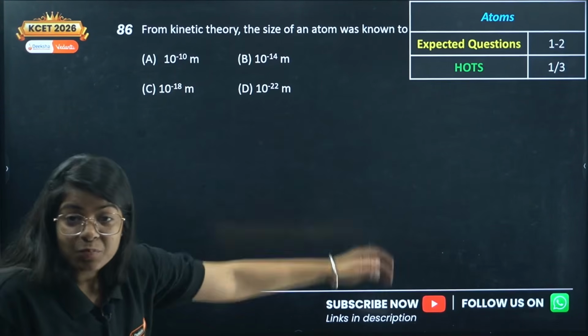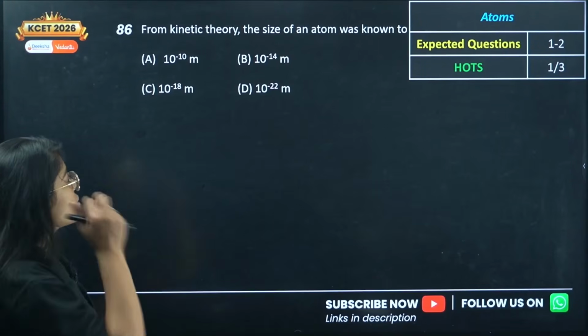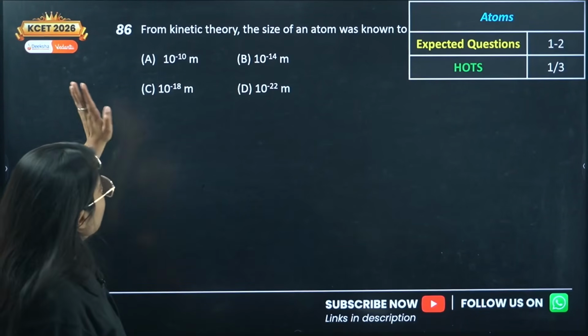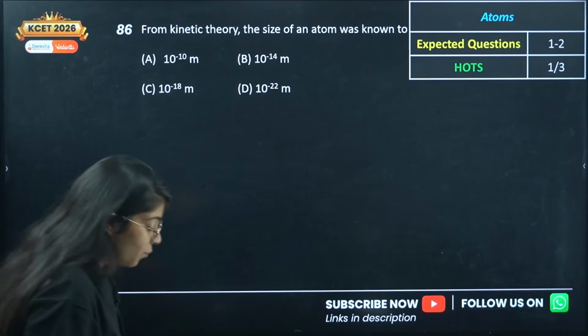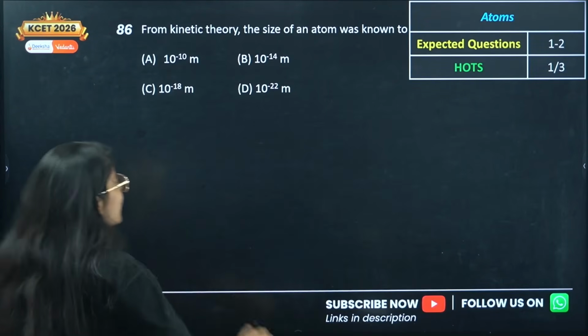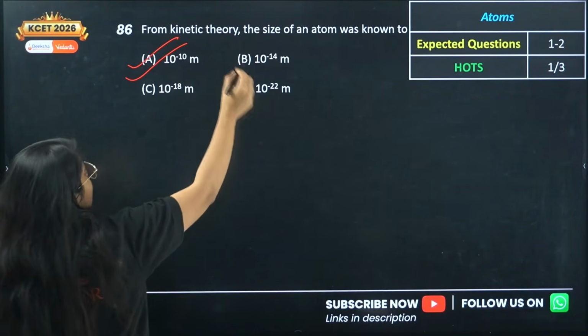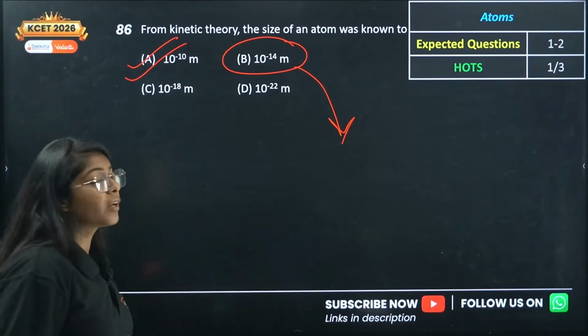Next chapter, atoms. From kinetic theory, the size of an atom was known to be 10 to the power minus 10, 10 to the power minus 14, 10 to the power minus 22, 10 to the power minus 18. Now, this you should remember. There is no logic in this. It's clearly 10 to the power minus 10. Of course, we remember this quantity very well. 10 to the power minus 14 is the size of nucleus.